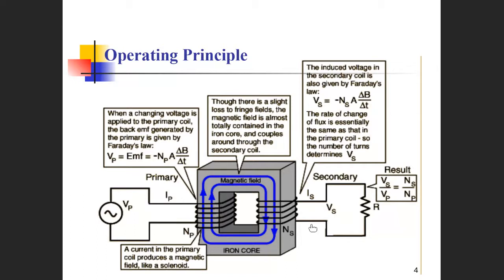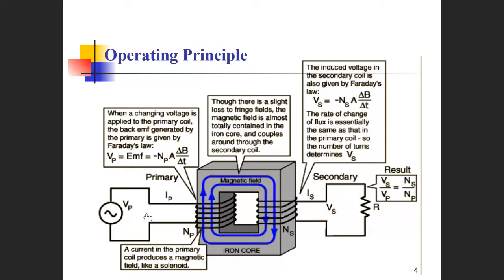Around the iron core, on the secondary side, we have the second coil, which has turn number Ns, with output current Is and voltage Vs, with a load that has a resistance R, the secondary resistance.